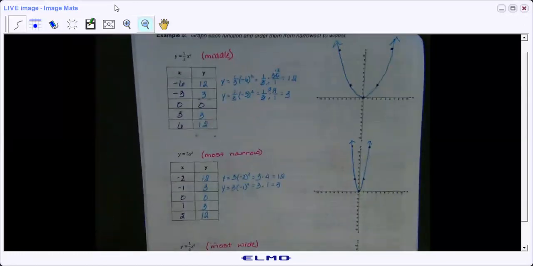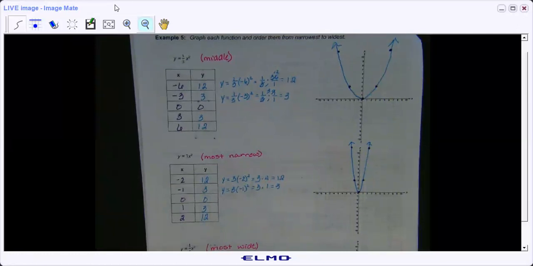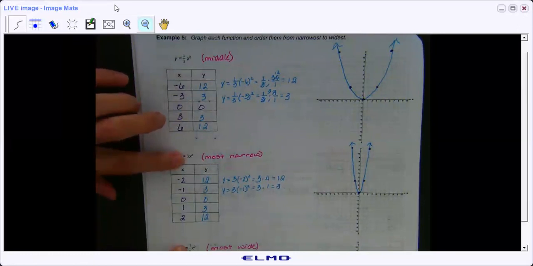So in looking at the coefficient of each equation, what do you notice about the most narrow and the most wide graph? These two coefficients. That's what I want you to think about.